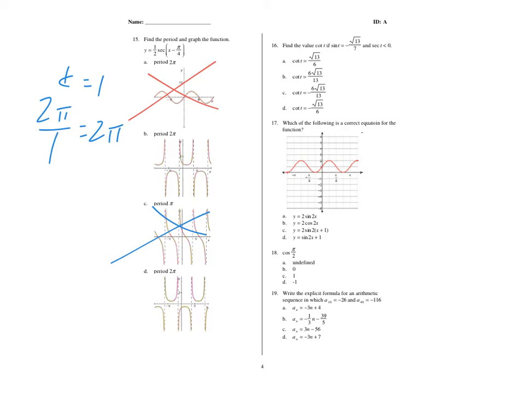Now, we know that secant is based on cosine, and cosine starts at a high point. And so because cosine starts at a high point, then secant starts at a kind of an upward parabola that should be looking like that. Now we do have a phase shift here to the right, pi over 4, because of what's going on inside there.